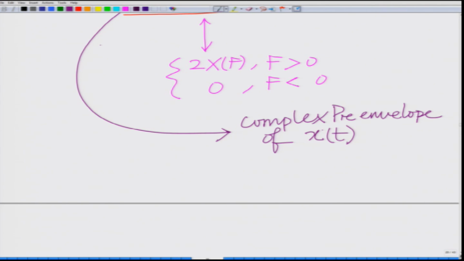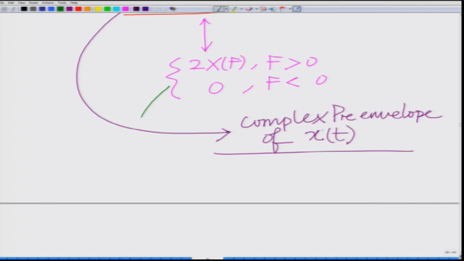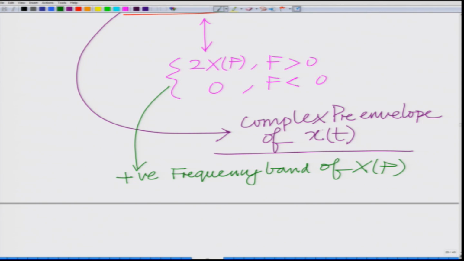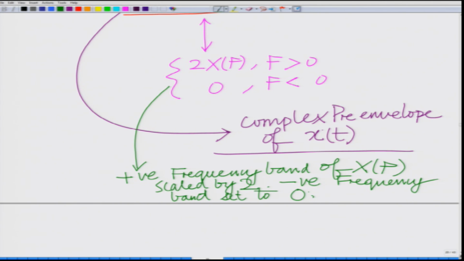To describe it simply, the positive frequency band in X f is scaled by 2 and the negative frequency band is set to 0. This is known as the complex pre-envelope.